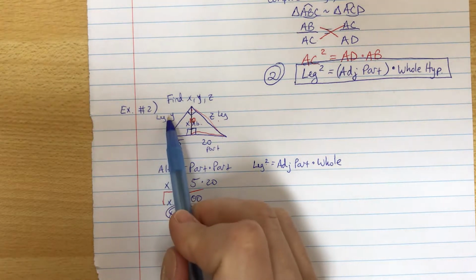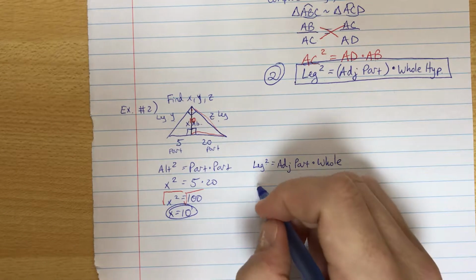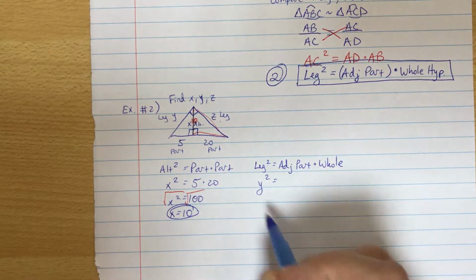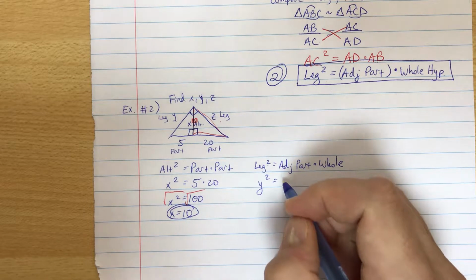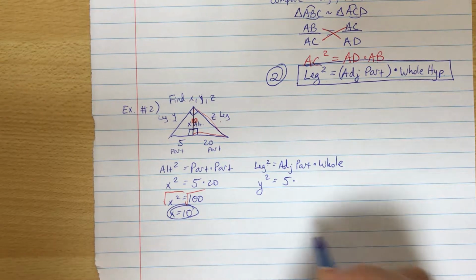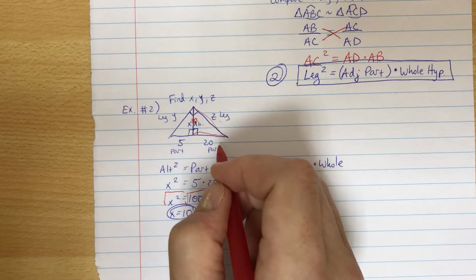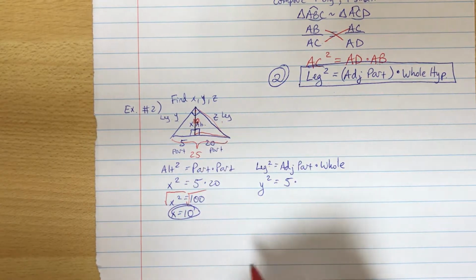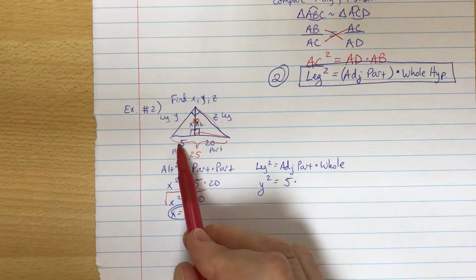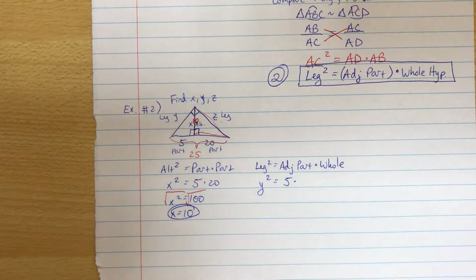If my leg is y, then y squared equals the part that's next to y, which is 5, times the whole hypotenuse. Well, it's 5 plus 20, which is 25. That's the segment addition postulate.